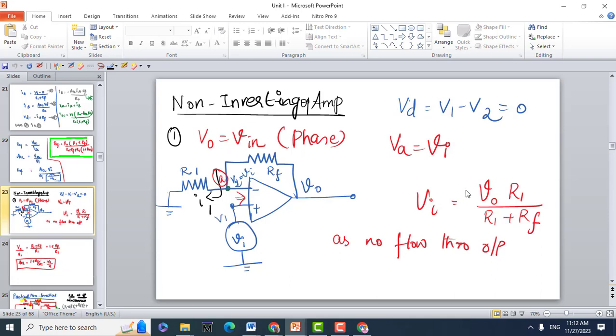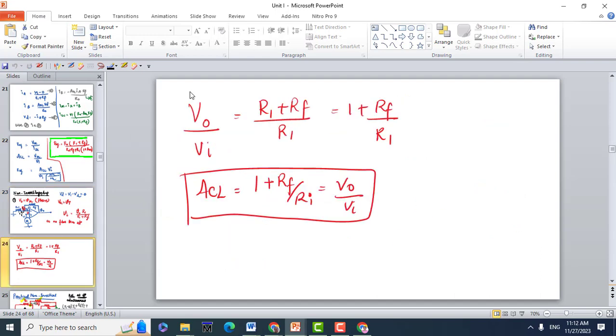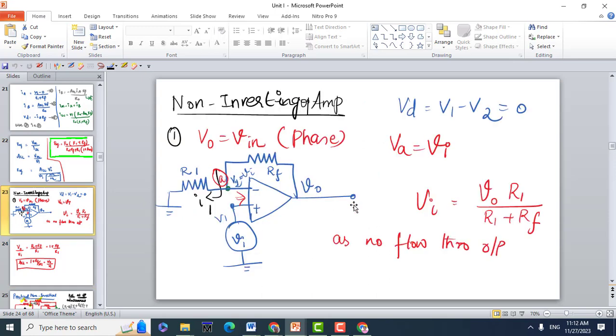If I take V naught by Vi, in terms of gain, it is R1 plus RF divided by R1, which is equal to 1 plus RF by R1. So the closed loop gain is 1 plus RF by R1, which equals V naught by Vi in a non-inverting operational amplifier.